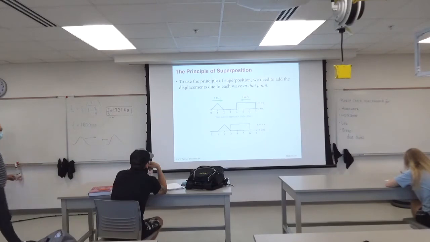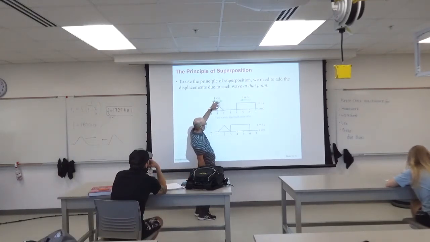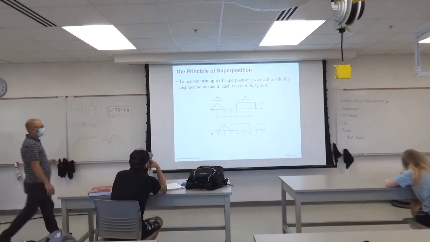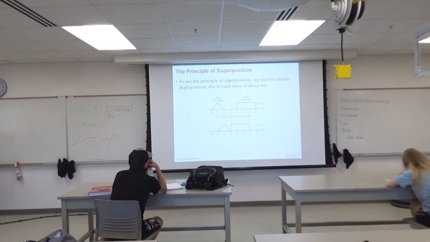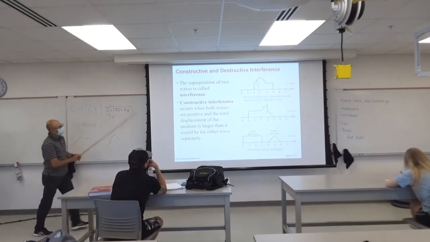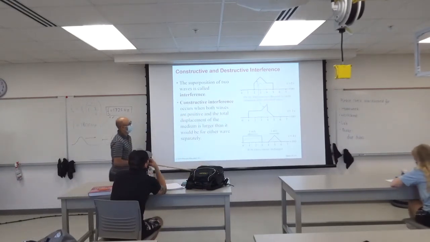It's just traveling to the right. So right now it's here. 1 second later, it will be here. Next second, it will be here. Next second, it will be here. So it's going to the right by 1 meter every second. Okay? So here is the wave after 2 seconds later.